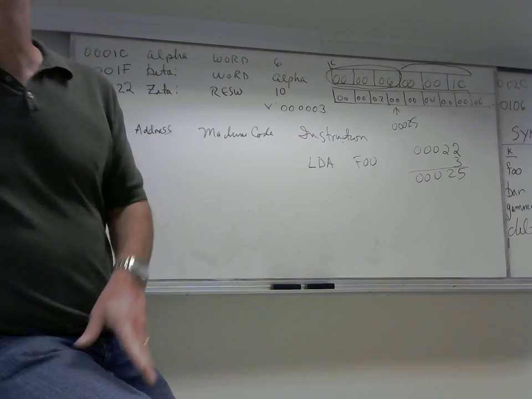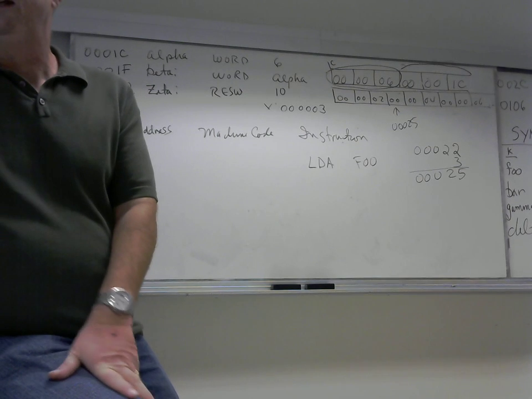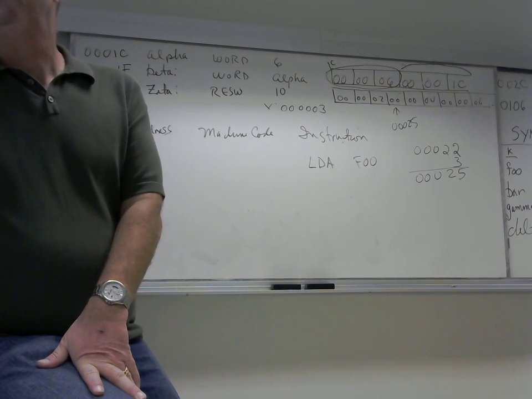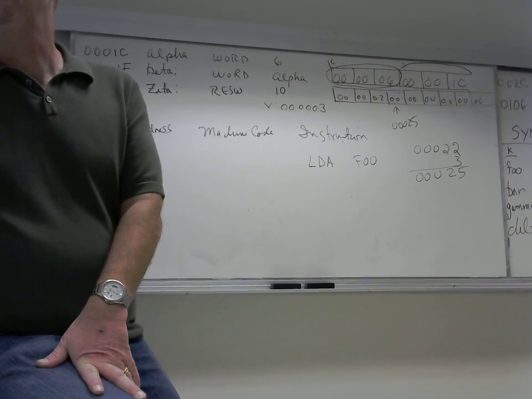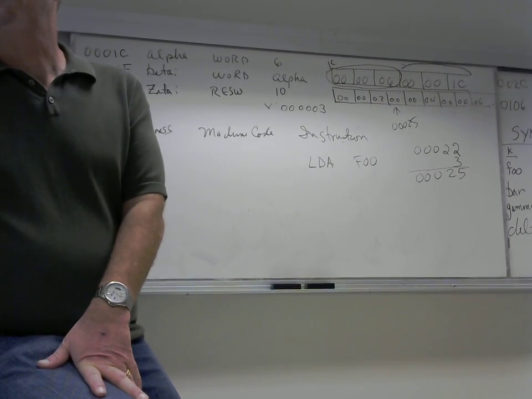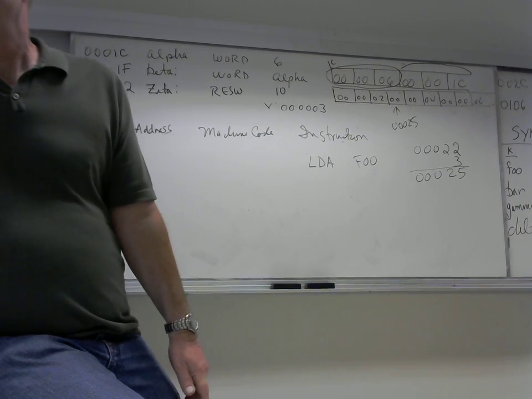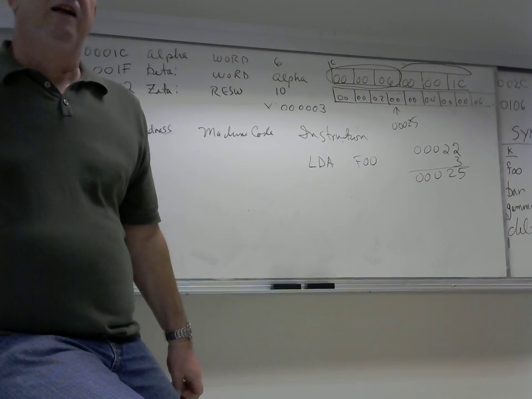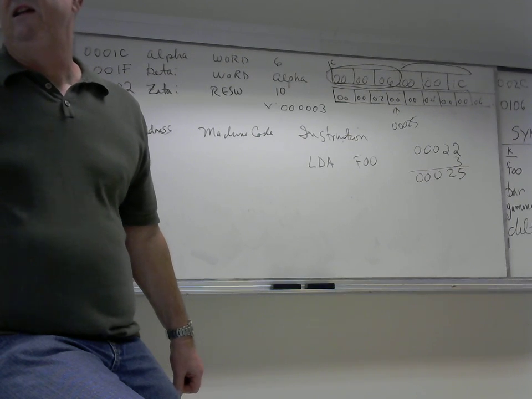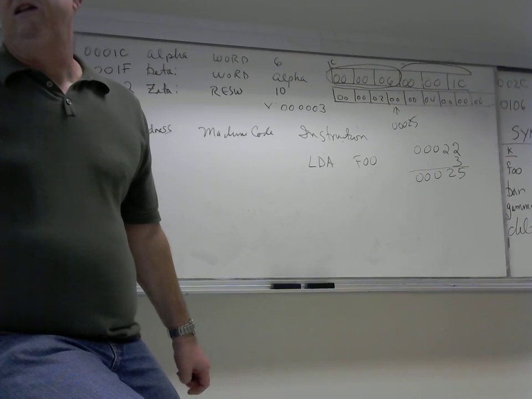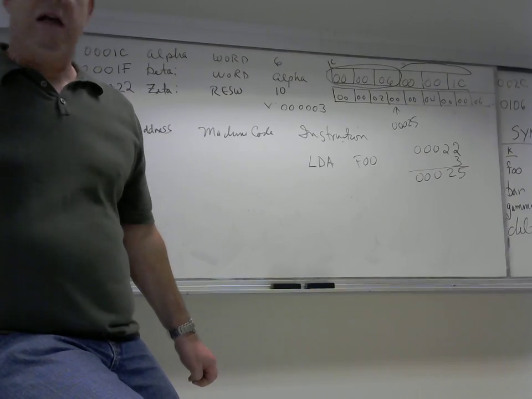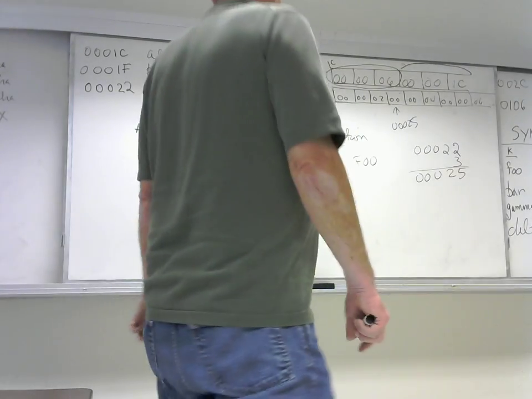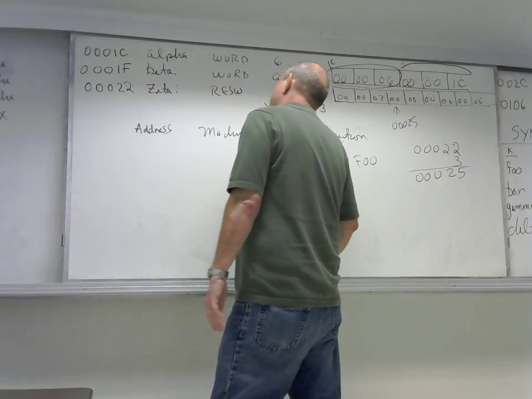Other questions? Yes. When we went over this sheet, you translated the LDB delta into 69100BE0, and I didn't know exactly where the 6910 came from. I know the 0BE0 is the offset to get to delta. Okay, that's a format 3 instruction, is it not? LDB, is that what it was?